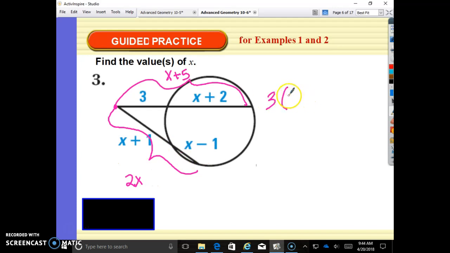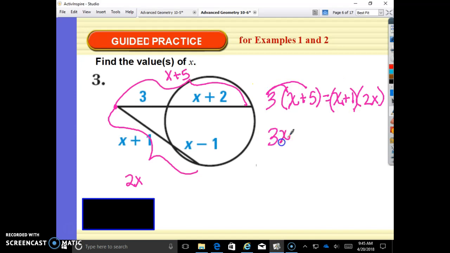So outside times whole equals outside times whole. Distribute. 3x plus 15 equals 2x squared plus 2x.